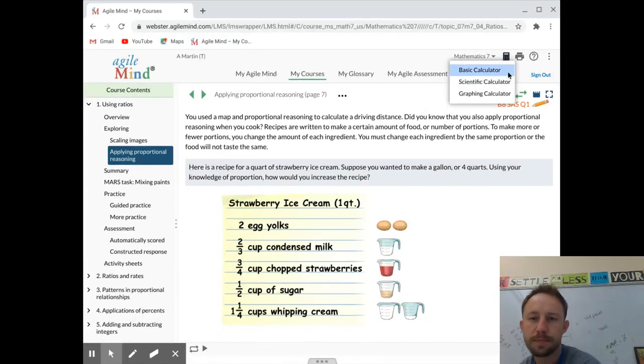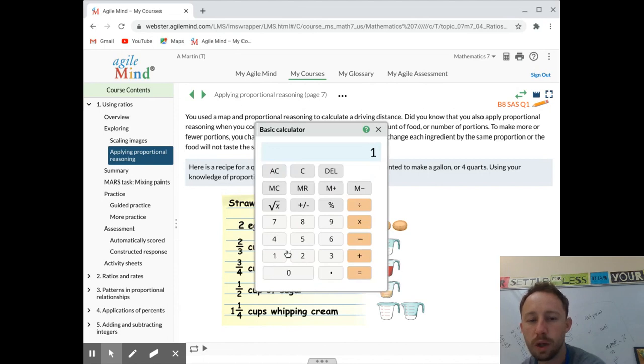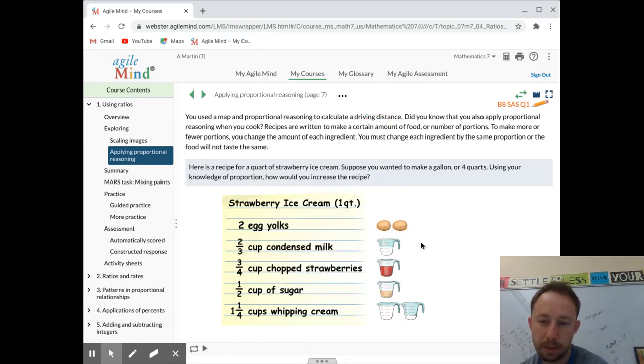Let's look. I'm going to do 1 divided by 2, because that's what 1/2 is. I'm going to multiply it by 4, and I get 2. That's right. So is this the same answer as doing 4 divided by 2? Yeah, it is. So I'm going to restate my question.